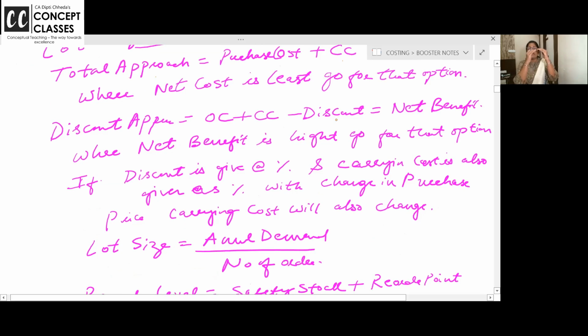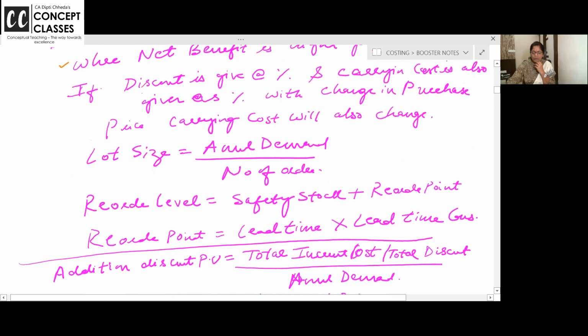So where net benefit is high, go for that option. In total approach, where the cost is least, go for that option. And this point I was saying, if discount is given as a percentage, carrying cost is also given as a percentage. With the change of the purchase price, the carrying cost will also change. Got it, all of you? Right?